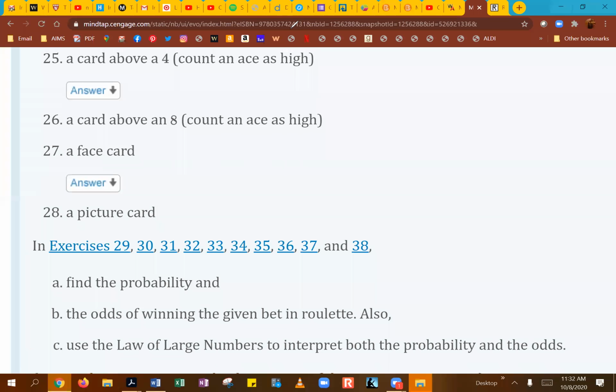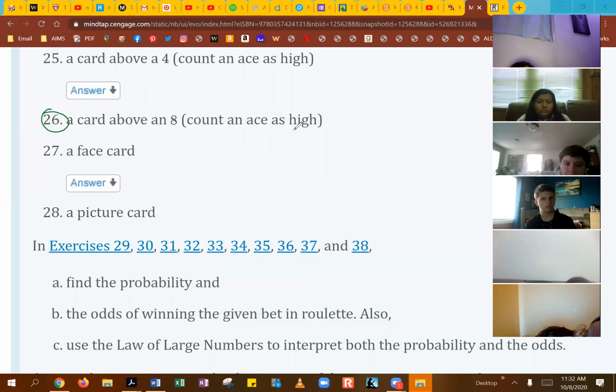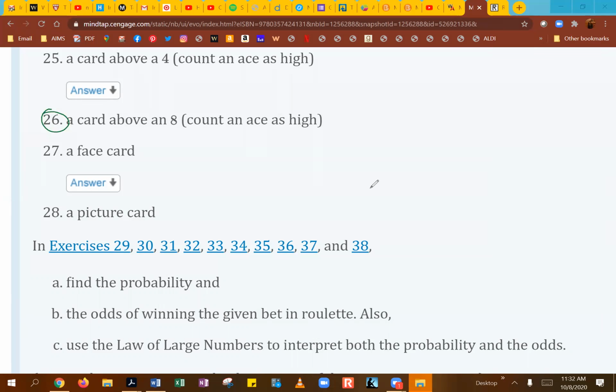So we're looking at number 26 over here, and this is talking about a card above an 8, and they're saying count the ace as a high. So first of all, let's go ahead and define what this event will end up looking like.